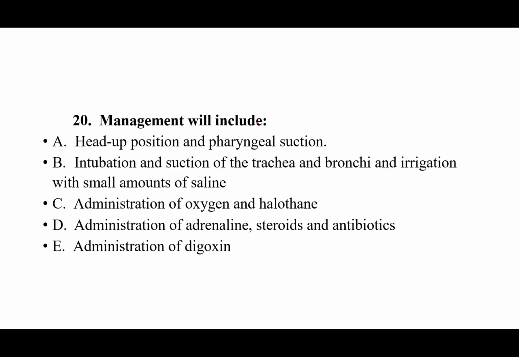When the vomitus has entered the lungs, you have to irrigate the lungs and bring it out. He vomited and the vomitus is inside his lungs, so you need to clear it first through suction or manually. So this is the correct answer: intubation, suction of the trachea and bronchi, and irrigation with small amounts. Not that you just go and pour normal saline inside the lungs. It's drops. You drop the saline, you suction, you drop, you suction. That is how to lavage the lungs.